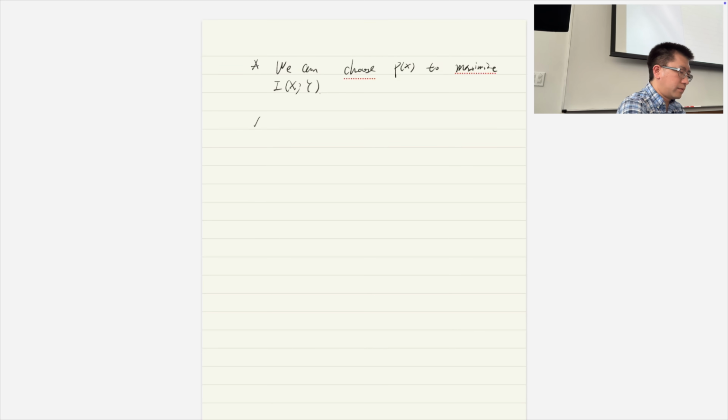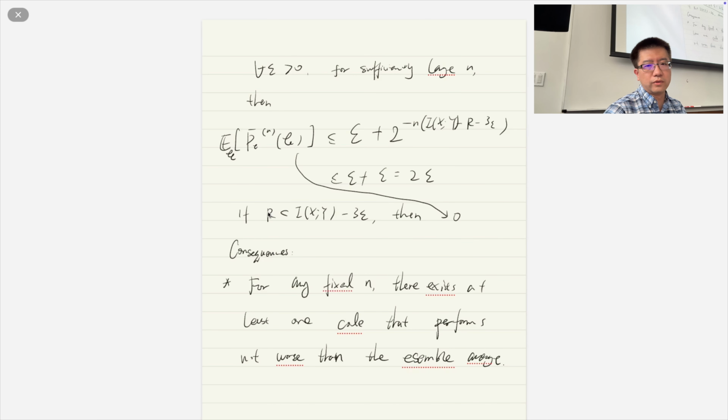Okay, and then we can show that this guy will go to 0 eventually as n goes to infinity. As long as R is less than the maximum of mutual information over all the P_X, there exists a code such that the average of the error will go to 0. Is the argument clear?